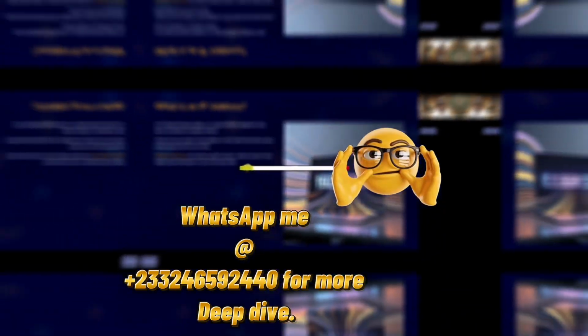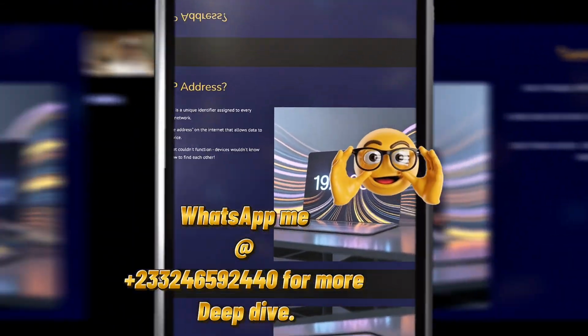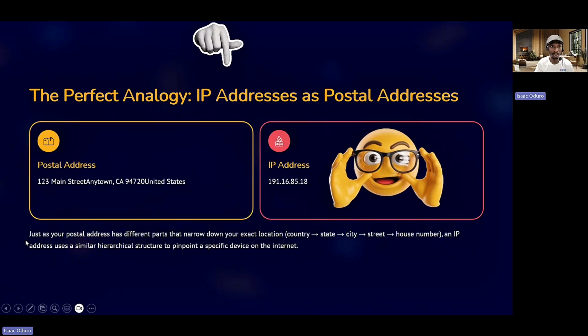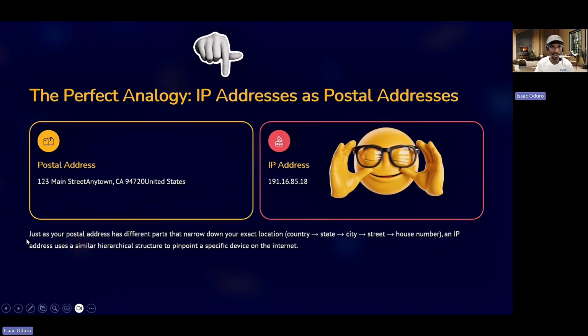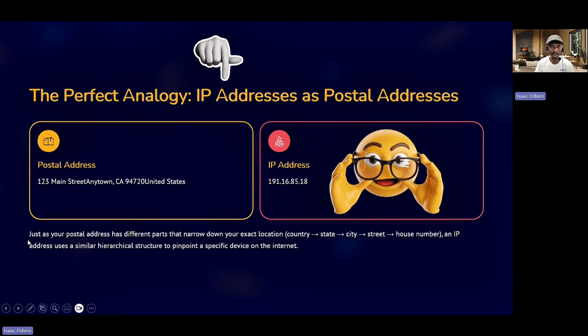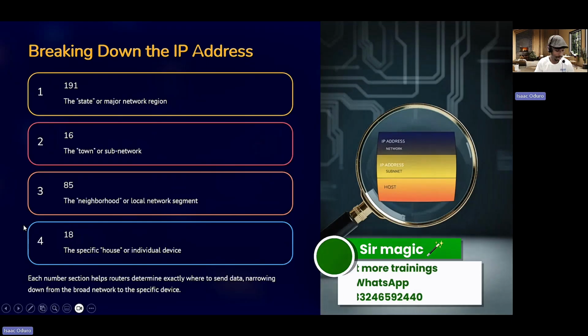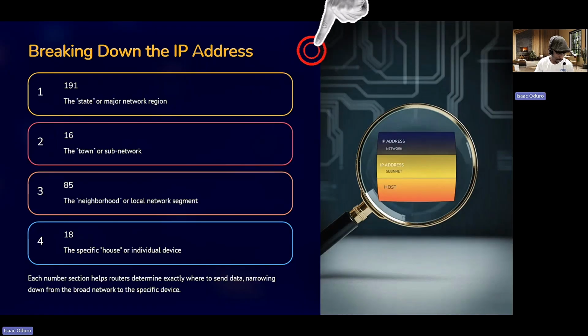In this lesson, we are going to look at the analogy that is behind an IP address. After that, we will break down the IP address to a simple understanding so that you'll be able to get the main idea behind it.